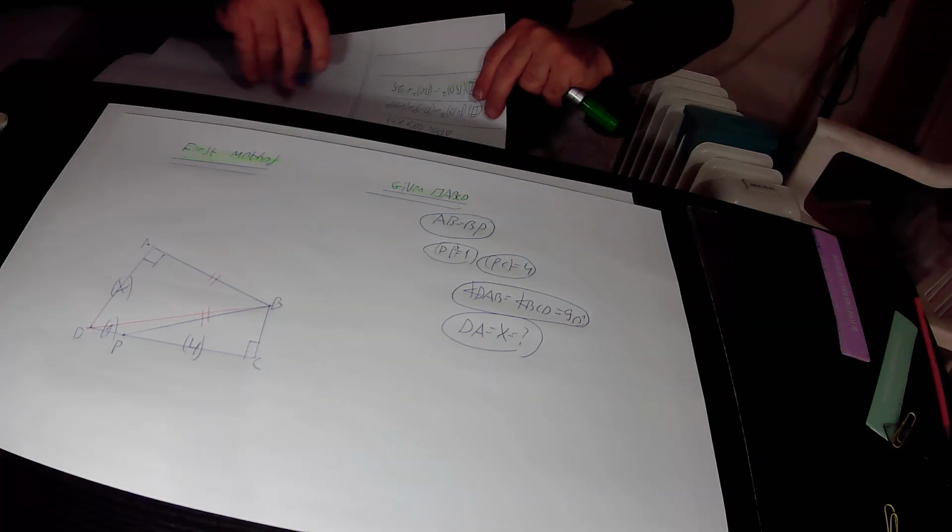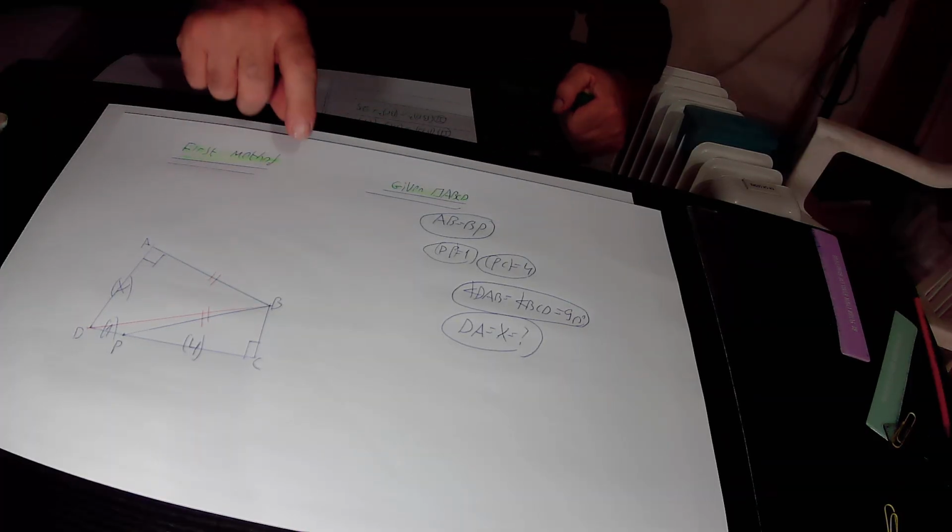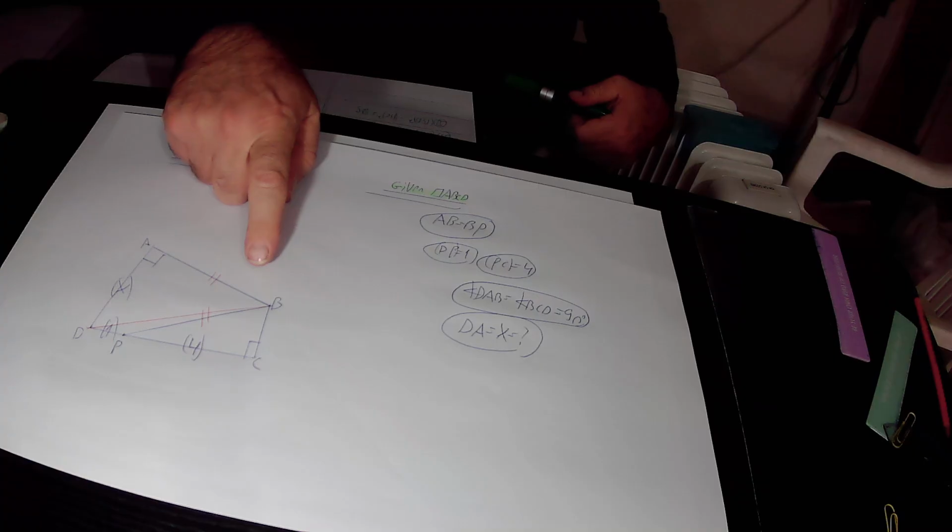In the next step, we will implement the Pythagoras theorem on this green right triangle BPC.